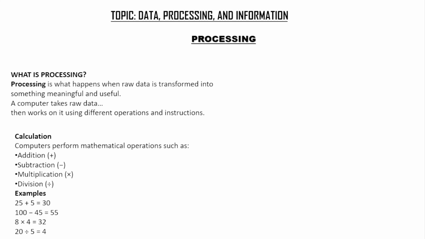When your calculator gives you an answer, when a bank app calculates your balance, when an online shop totals your items, that's calculation processing happening. Examples in real life: calculating your mobile money or bank balance, shopping totals, or bank transactions. All these are processing.